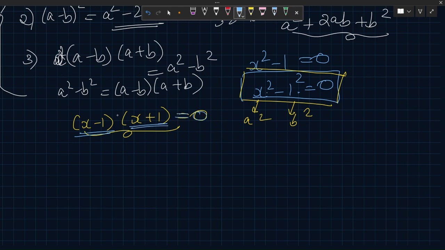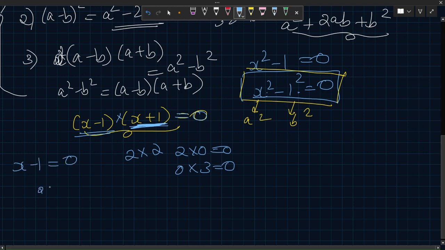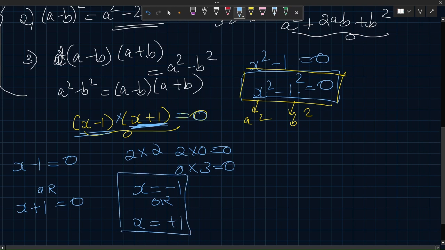Note that the product of two numbers can only be 0 when one of the numbers itself is 0. So 2 into 2 cannot be 0, 2 into 0 is 0, or 0 into 3 is 0. So for this to happen, either x minus 1 must be 0 or x plus 1 must be 0, which means x can either be minus 1 or plus 1 for x square minus 1 to be 0.